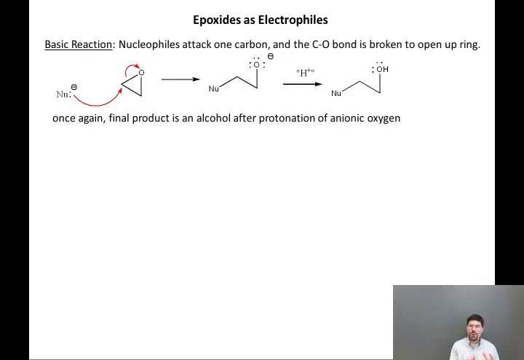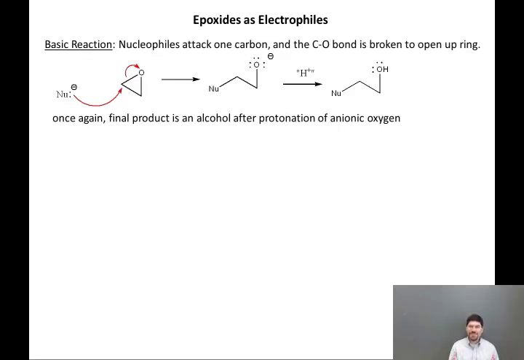Note one important difference. When we did carbonyl addition, in the final product the nucleophile is bound to the same carbon containing the OH. With epoxide ring opening, the nucleophile ends up bound to the carbon next to the carbon containing the OH.